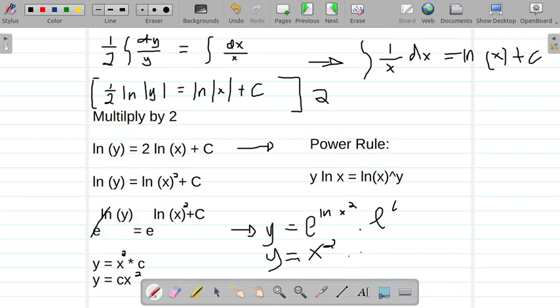Then e raised to the power of c is just equal to c. So, it's just equal to c. So, we can rewrite this equation as y is just equal to c x squared.